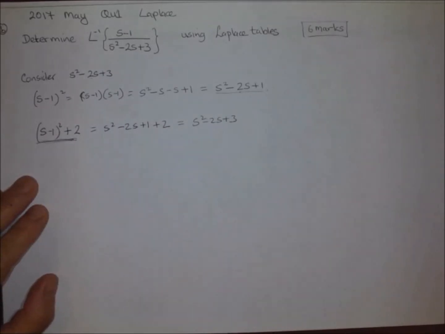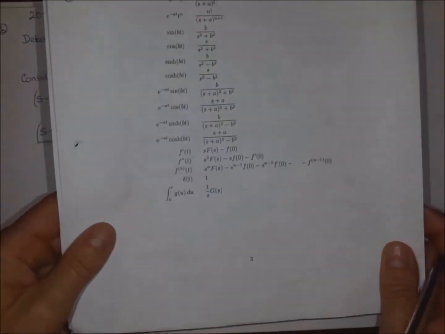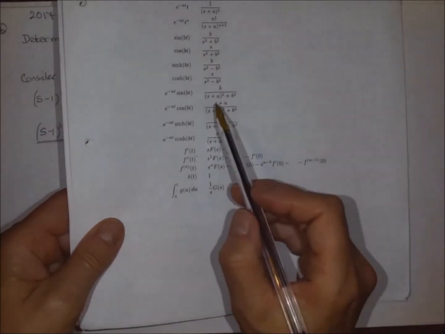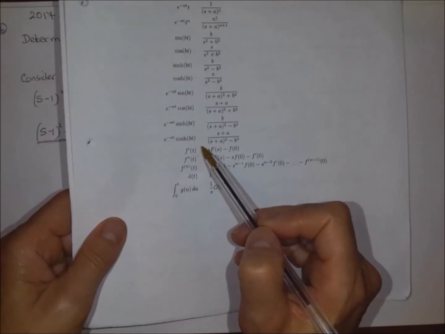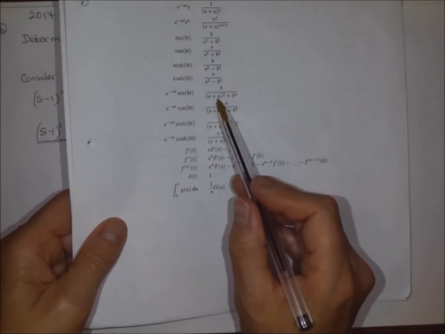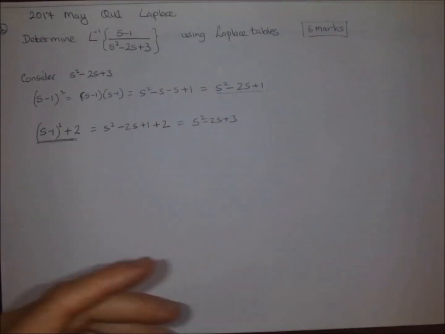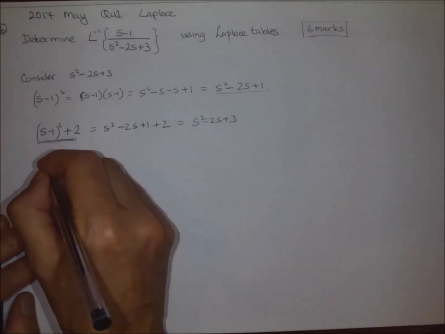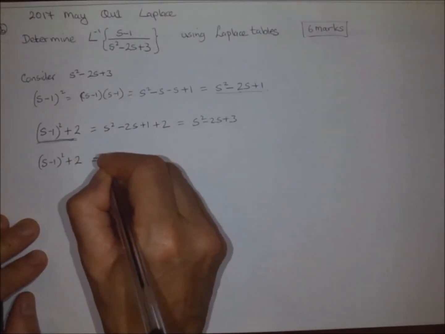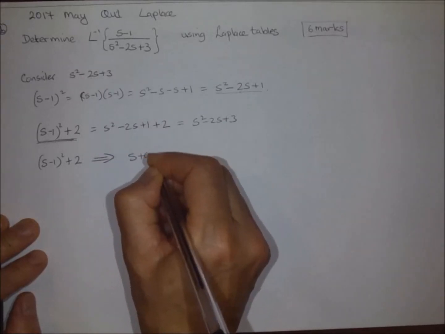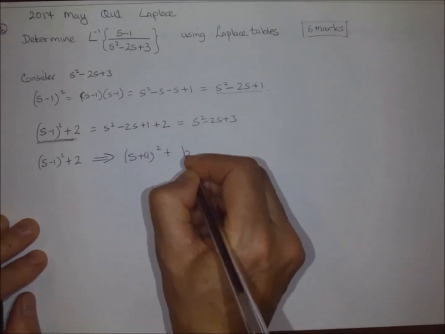The reason we go for that is because here in the tables we have this s plus a squared plus b squared underneath, where our a is minus 1. So we will make this look like s minus 1 squared plus 2, and we want to make it look like s plus a squared plus b squared.